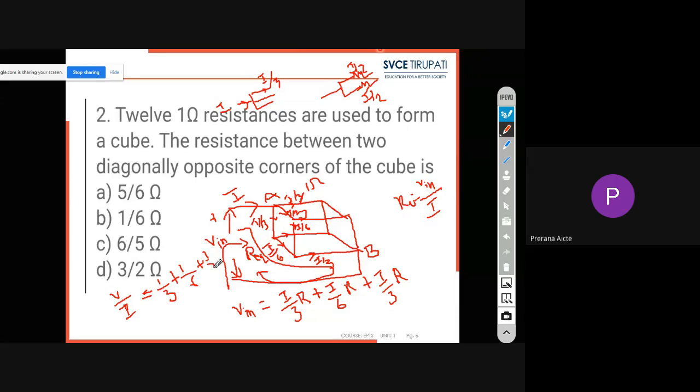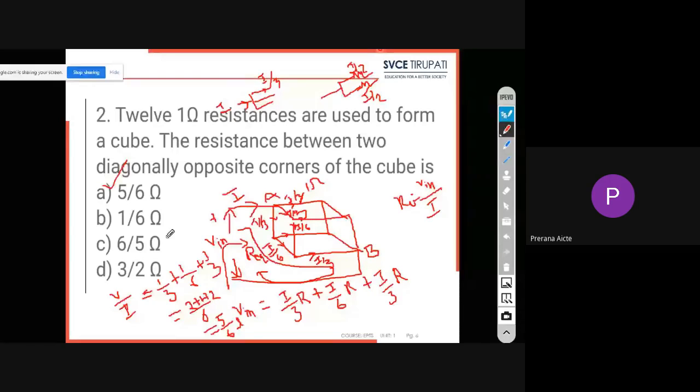How much is this value? It is 2 plus 1 plus 2 over 6, so 5 by 6 ohms. Voltage by current is nothing but the total resistance. So the equivalent resistance between A and B is 5 by 6 ohms. Answer is A.